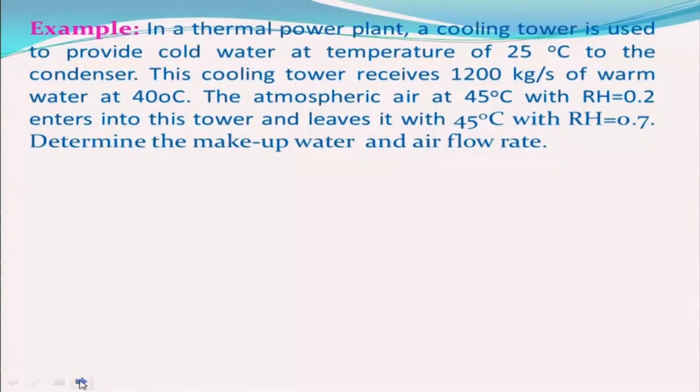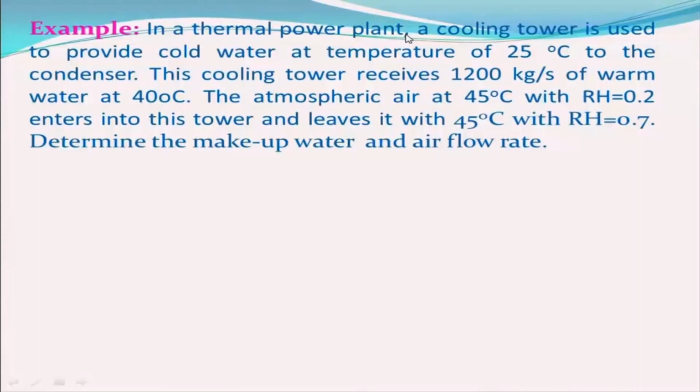So I can take an example, just to solve a problem. In a thermal power plant, a cooling tower is used to provide cold water at a temperature of 25 degrees Celsius to the condenser.